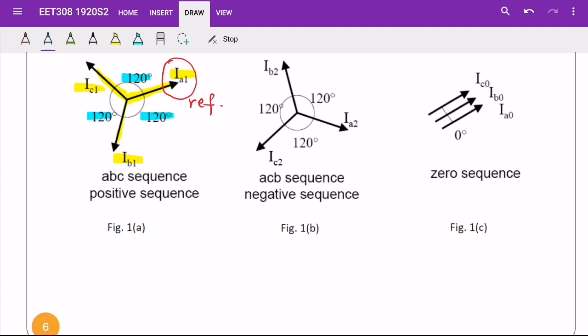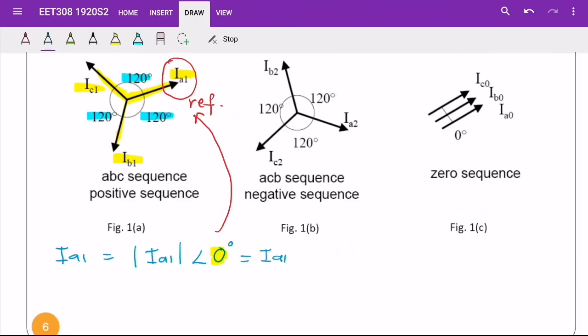So the equation for IA1 equals magnitude IA1 and phase angle is 0 degree. Why is the phase angle of IA1 0? It is because IA1 is the reference point. Therefore, we can rewrite the equation as IA1.